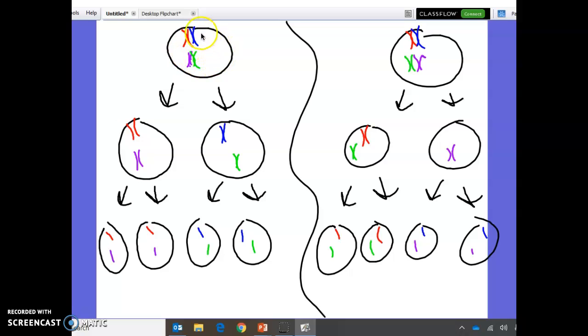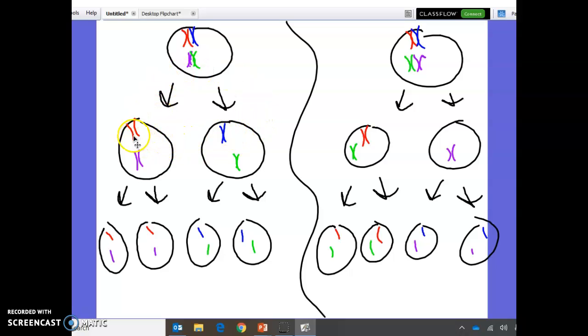So let's look at the first time. Let's pretend that our organism has 4 chromosomes or 2 homologous pairs. And if the chromosomes line up like this at metaphase 1, remember the homologous pairs separate. So the red one goes to this cell, the blue one goes to this cell, purple, and then green. And the homologous chromosomes have separated in meiosis 1.